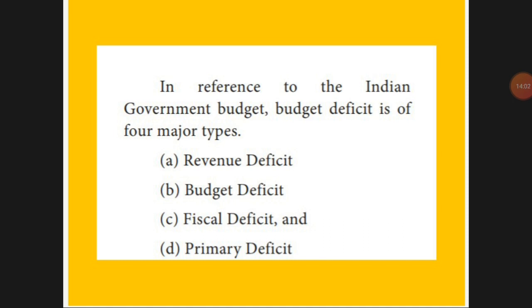In the revenue deficit, all the government expenditure is more when compared to income. That means the day-to-day activities of a government, whatever they run at the administrative level, that expenditure keeps on increasing when compared to the income.